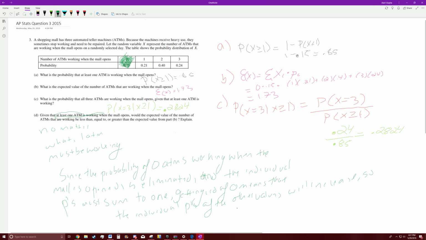So according to the expected value equation, the new value will be greater than the value determined in B. Alright, and that's getting full credit for this question.